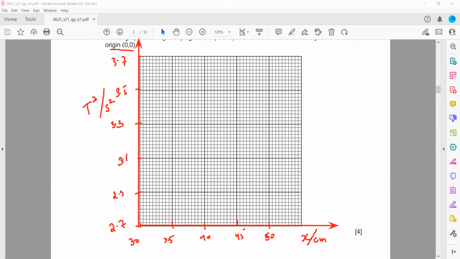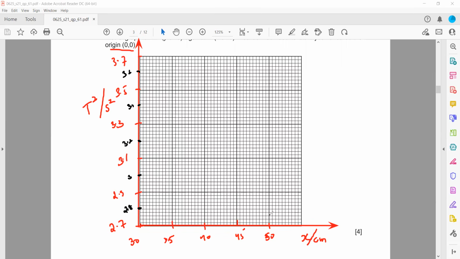So I have 2.78 on the y-axis, where each division is representing 0.2, because this is 2.7 and in between there will be 2.8. Here this will be 3, 3.2, 3.4, and 3.6. So when x is 50, the value is 2.78. So 50 and 2.78.